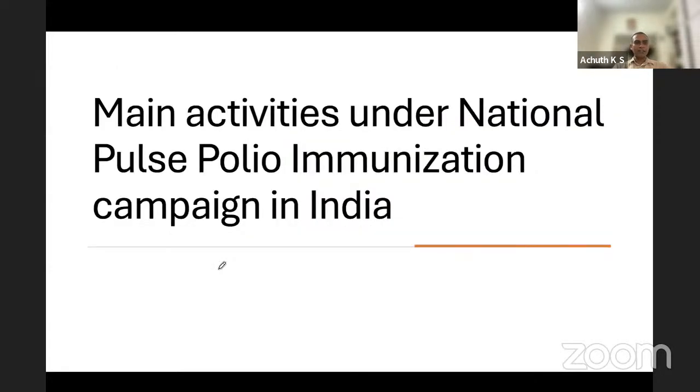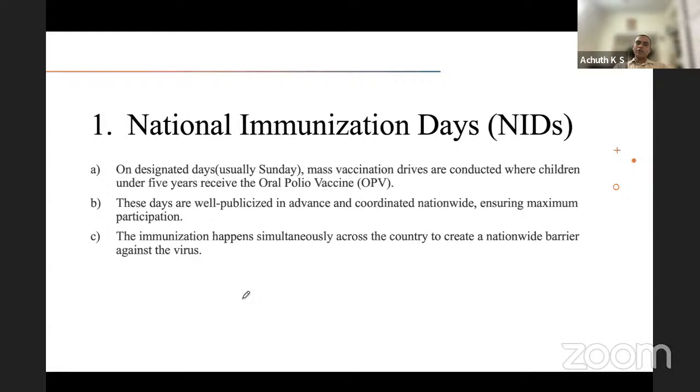What are the main activities under the National Pulse Polio Immunization Program? First one, the national immunization days. That is a designated day, and usually it will be a Sunday. Why? The children and the parents are on leave so that they can come and get vaccinated.